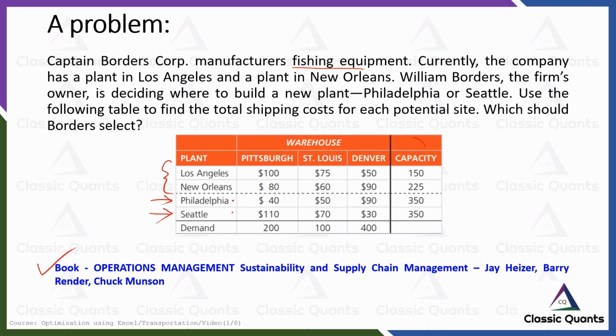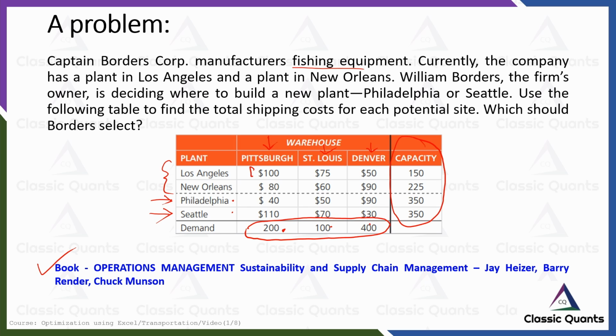Okay, so these are the capacity figures and these are the demand figures. Like 200 units demand is there in Pittsburgh, then 100 units in St. Louis and 400 units in Denver.